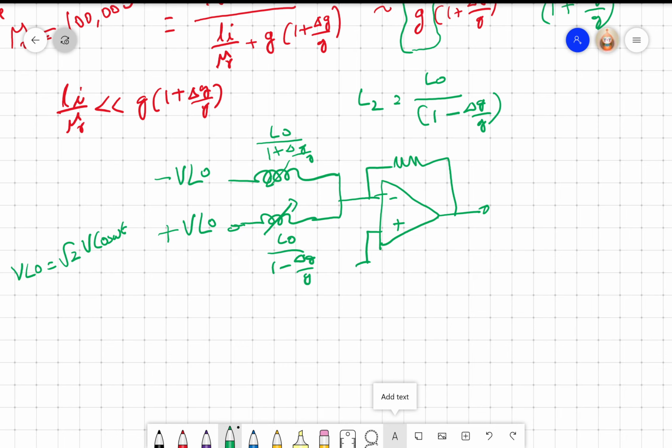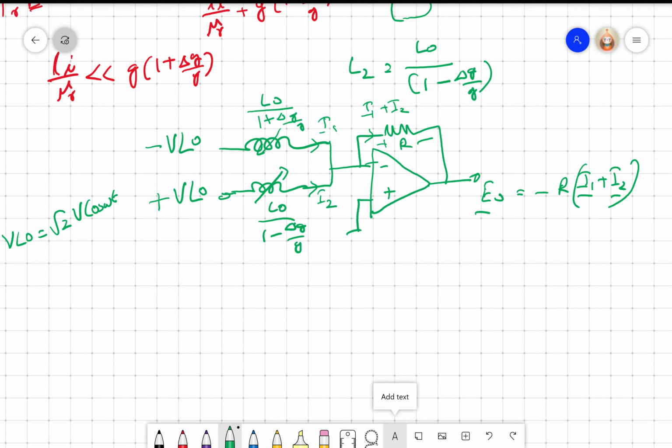So this current, I call this I1, this current is I2, so this current is I1 plus I2, and this voltage is I1 plus I2 into R, and this voltage, again a phasor, would be minus R into I1 plus I2.